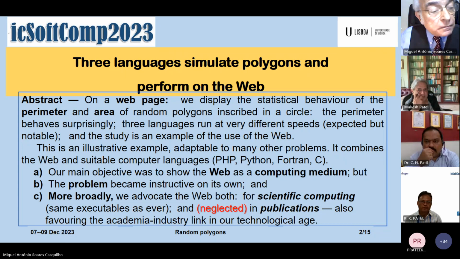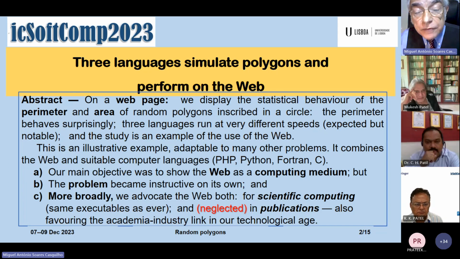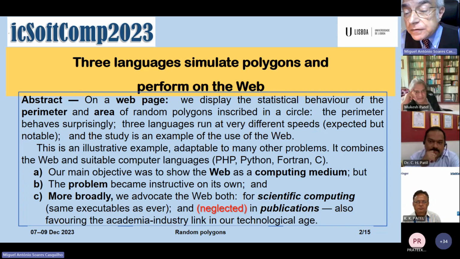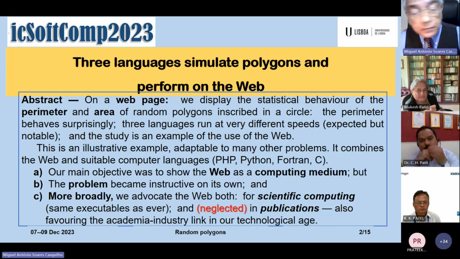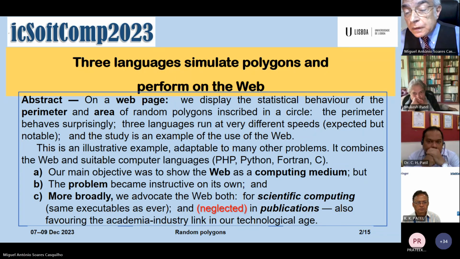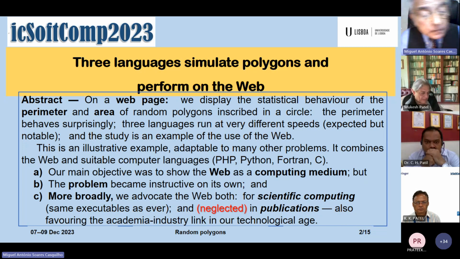The perimeter behaves surprisingly. Three languages run at very different speeds, expected but notable, and the study is an example of the use of the web. This is an illustrative example adaptable to many other problems. And I invite any colleague, if he wishes, to take advantage of this. It combines the web and suitable computer languages.